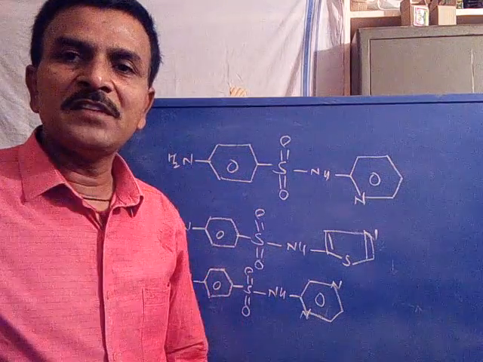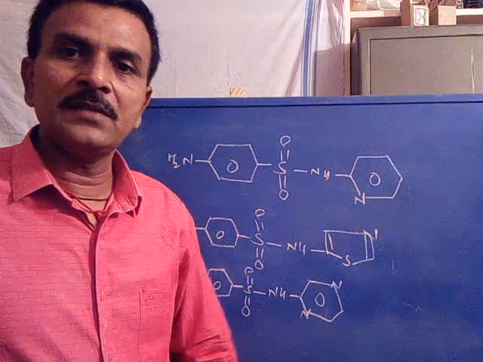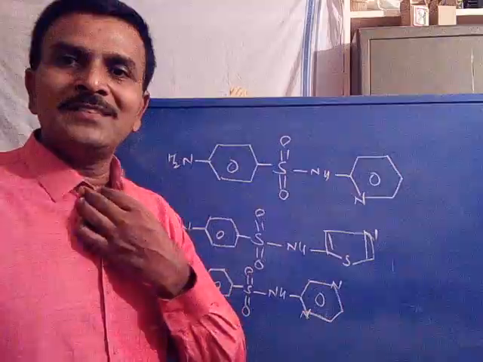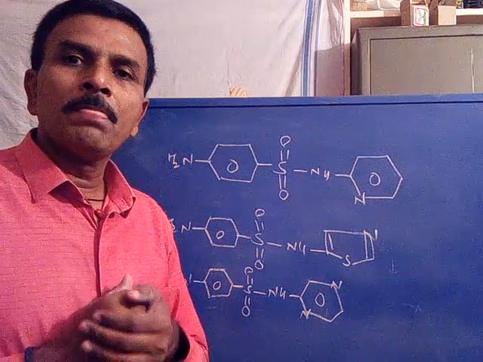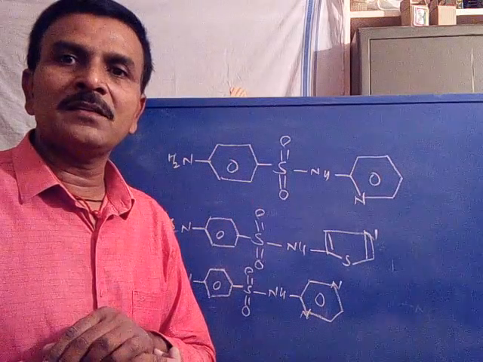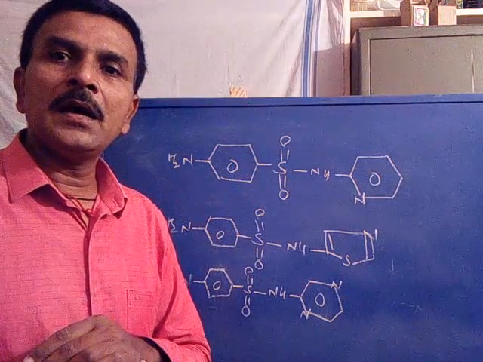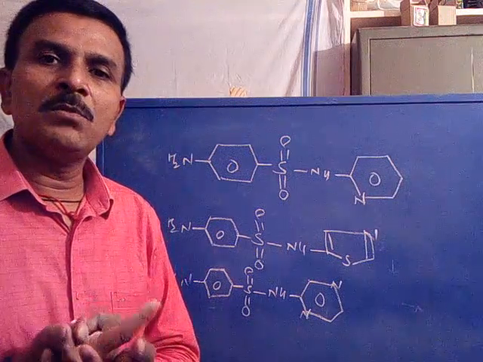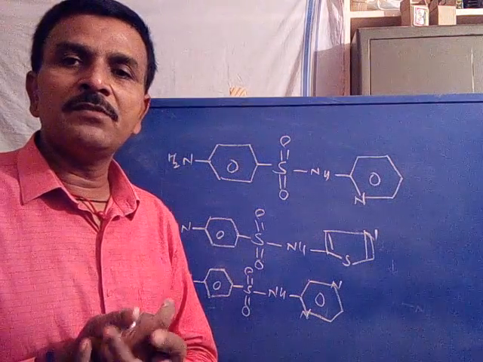Keeping the essential part in the lead structure, by modifying the other parts which are not essential for the activity, we may get new drug structures with intensified, desired activities. So this is about the structure activity relationship study of sulfa drugs.